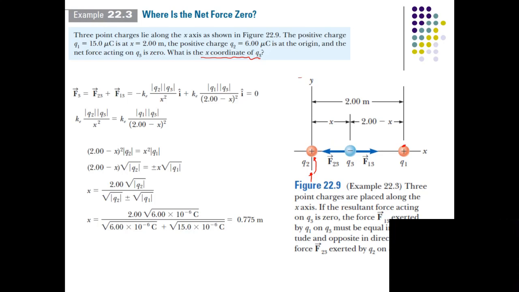Notice that I said the total force, because net force means the total force. So before we go deep into the solution, let's think about it. Because the question is about Q3, let's assume I am Q3. So I am a negative charge and I am somewhere here. What's going to happen to me because of this positive charge? Well, this positive charge wants me to go toward it, so this is the force.